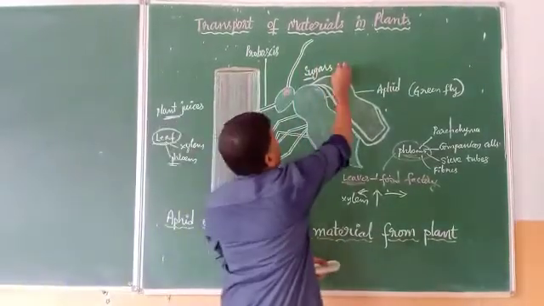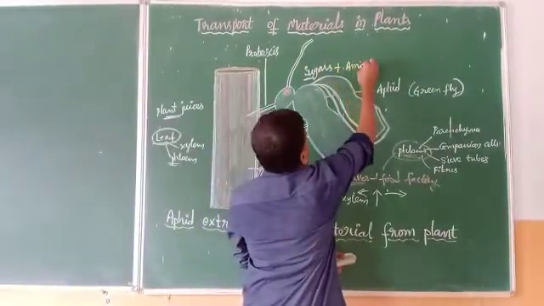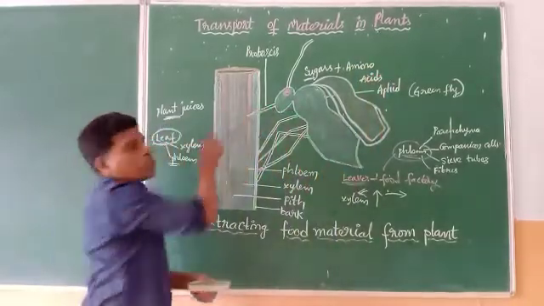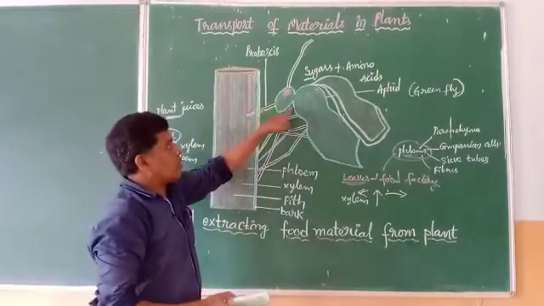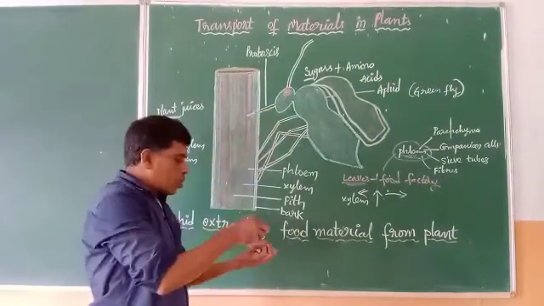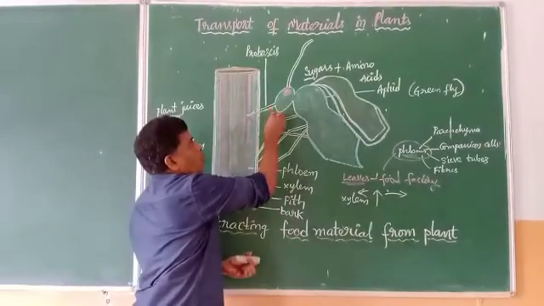Along with the sugars, even amino acids were there, so they found some sticky material coming out from this proboscis. Even after the insect was killed and removed, leaving just the proboscis as it is, the juicy part kept coming down, dropping like this.